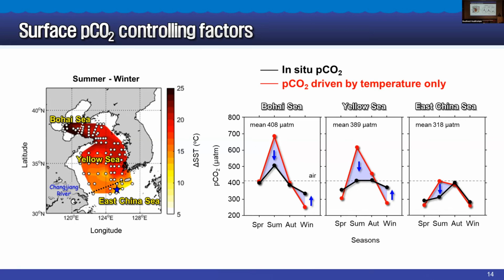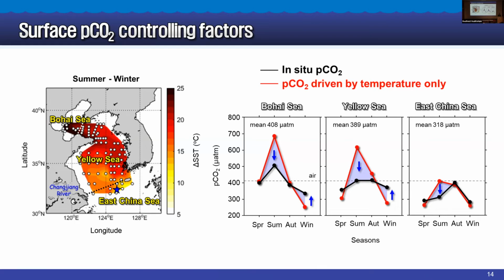The reason for that is that during the cooling period, some carbon-rich subsurface water is probably being brought to the surface, because the water depth is only about 50 to 80 meters, somewhere in that range. There's an exception in the East China Sea. During the cooling period, surface pCO2 very much follows the expected pCO2 changes due to temperature.